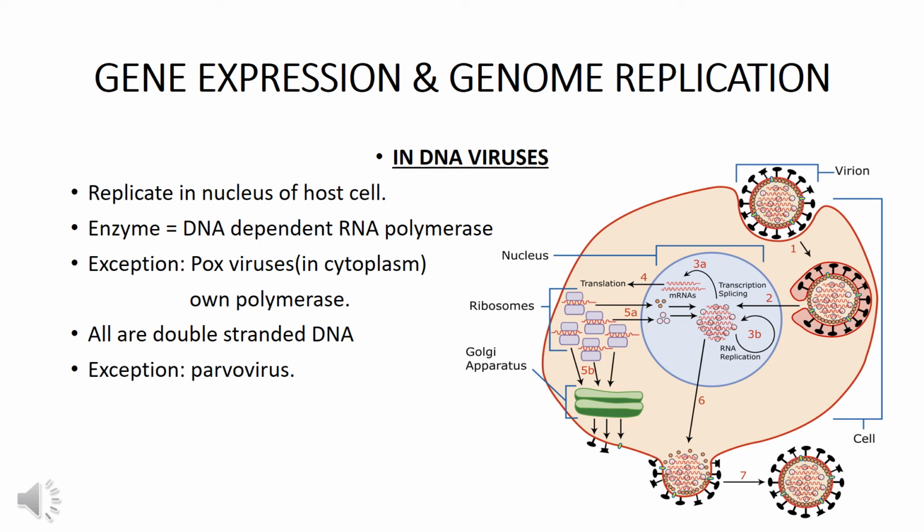On the other hand, mostly all DNA viruses have double stranded DNA as their genome, but parvovirus is a virus with single stranded DNA. So you should keep in mind that DNA replication occurs mostly in the nucleus of the host cell.